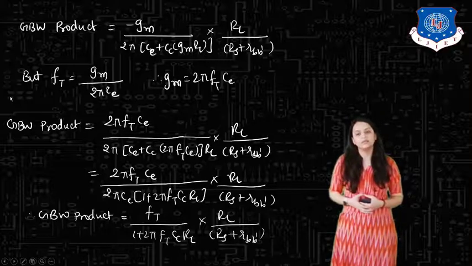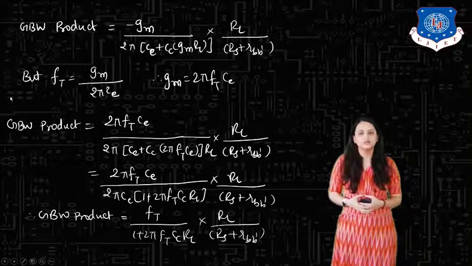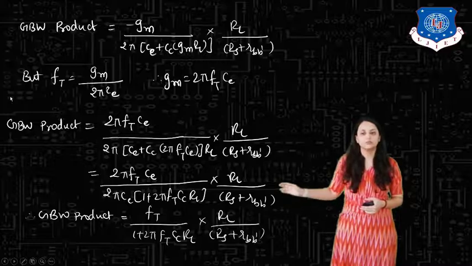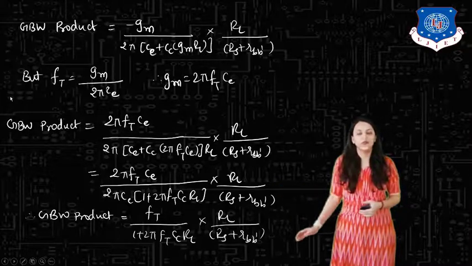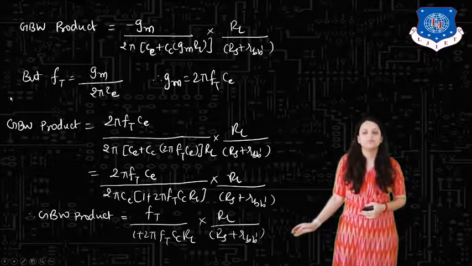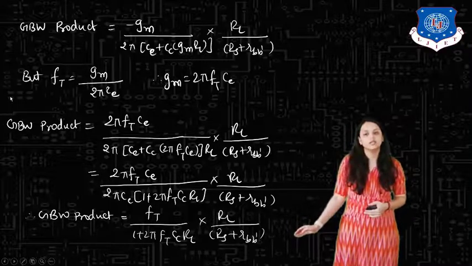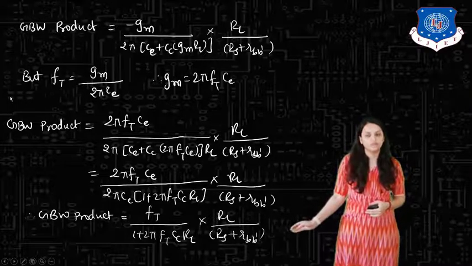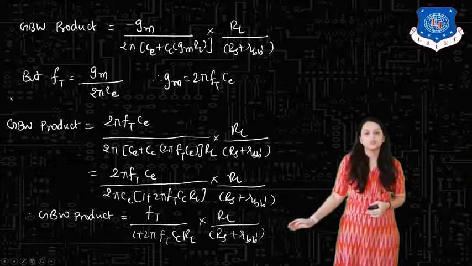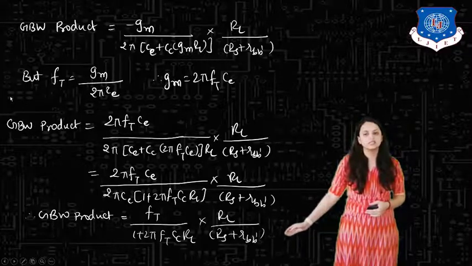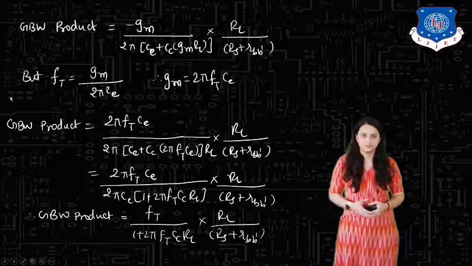By further simplifying this, opening the bracket, the final GBW product is given as Ft divided by 1 plus 2 pi Ft Cc into RL, multiplied by RL upon Rs plus rbb'.